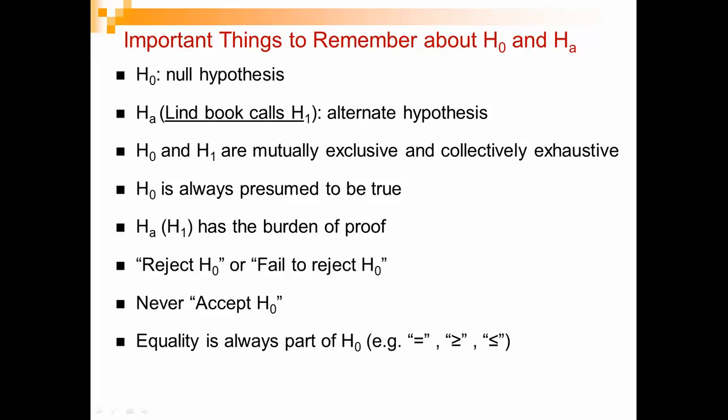Rejecting the null hypothesis then suggests that the alternate hypothesis may be true. To prove without a doubt that the null hypothesis is true, we would need the entire population's worth of data. And you could just think about that for a little bit.